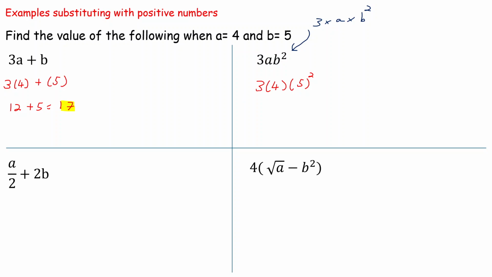So we've got 3 times 4 times 5 squared, or 5 squared is equal to 25. So we've got 3, the timesing by 4 still, and then the 5 squared is equal to 25, okay? So now we've got 3 times 4 times 25. So 3 times 4 is 12, times 25 is equal to 300. So that is equal to 300.